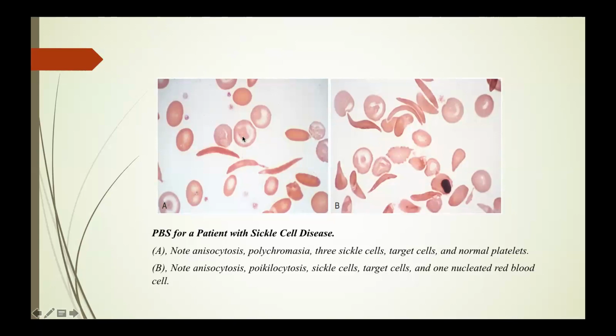Like here, even here, this one is a target cell. Very typical target cell, and others also. So the presence of these particular cells, and also the banana-shaped cells here, is the hallmark in diagnosis of sickle cell disease. Thank you, Esther, for the question.